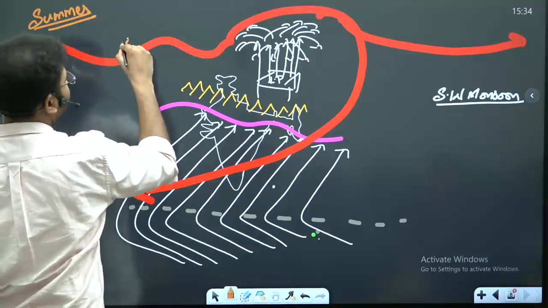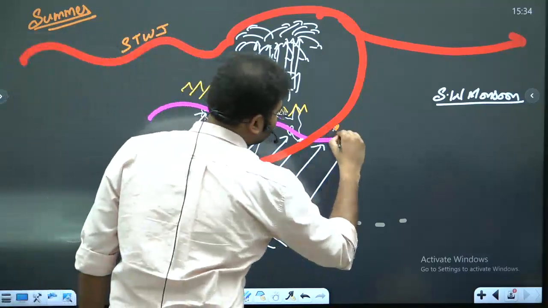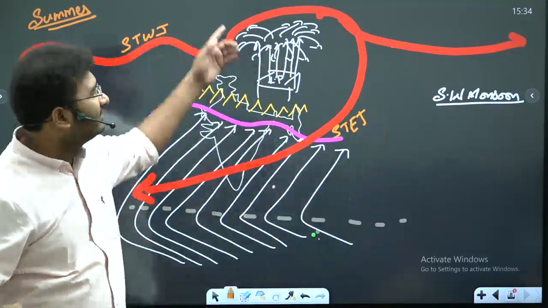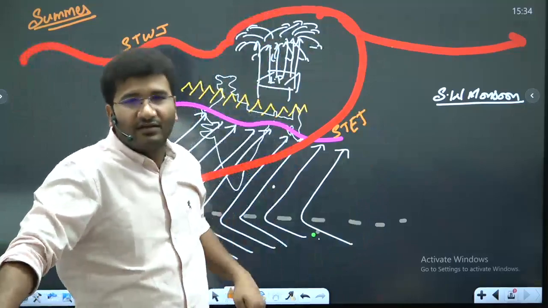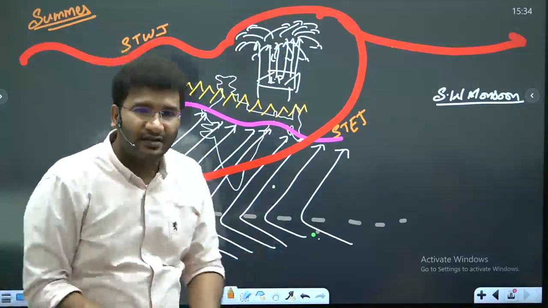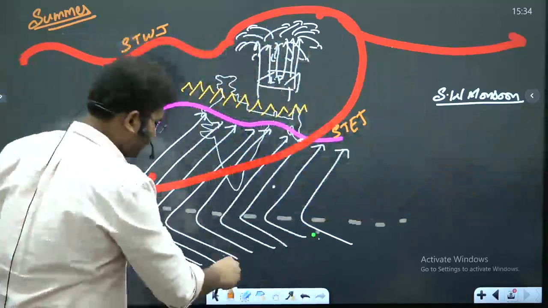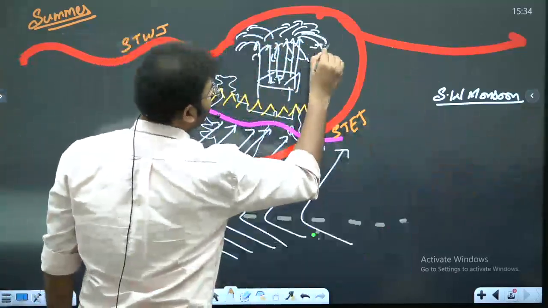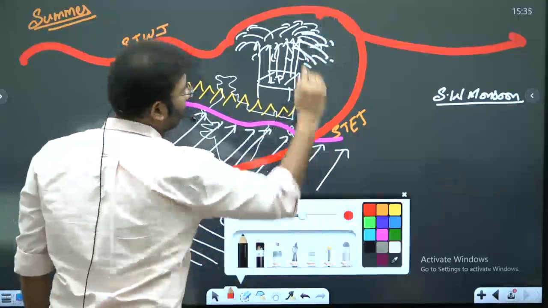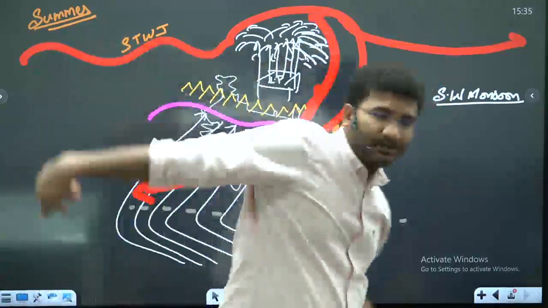And this is your subtropical westerly jet stream. And this is your subtropical easterly jet stream. Now, why did it take a turn? क्योंकि यहाँ low pressure है. Air after rising will start to diverge, right? Now, this diverging air will also pull the jet stream towards India. मतलब diverge होके push करता है.